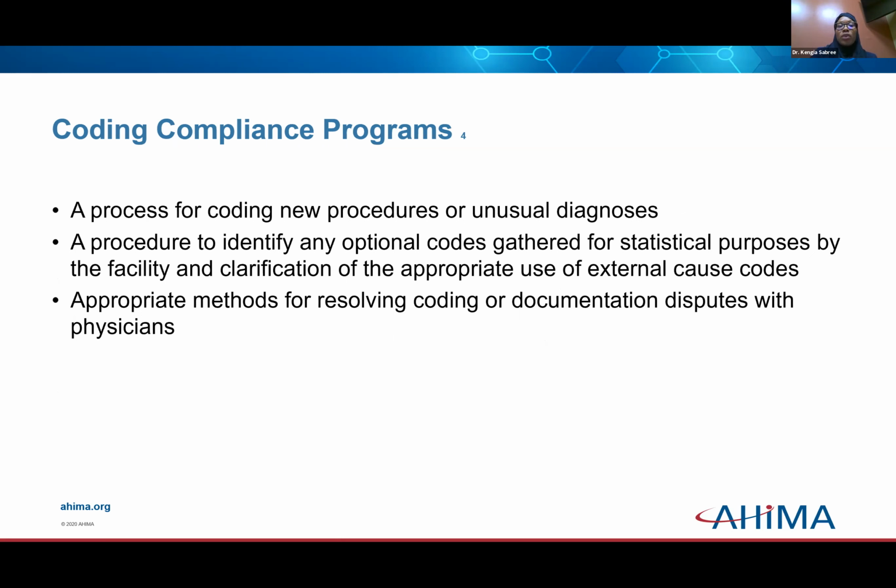We must also outline a process for coding new procedures or unusual diagnoses, a procedure to identify any optional codes gathered for statistical purposes by the facility, and clarification of the appropriate use of external cause codes. We must also determine appropriate measures for resolving coding or documentation disputes with physicians, because it happens.